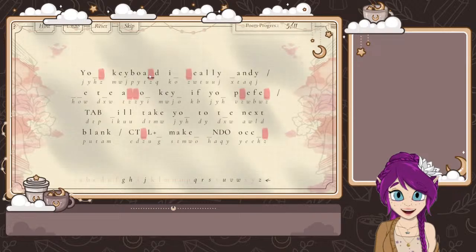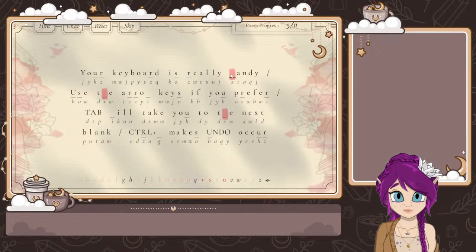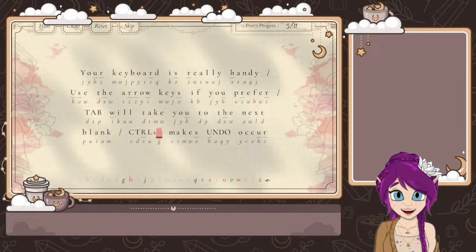Your keyboard is really handy. Use the arrow keys if you prefer. Tab will take you to the next blank.